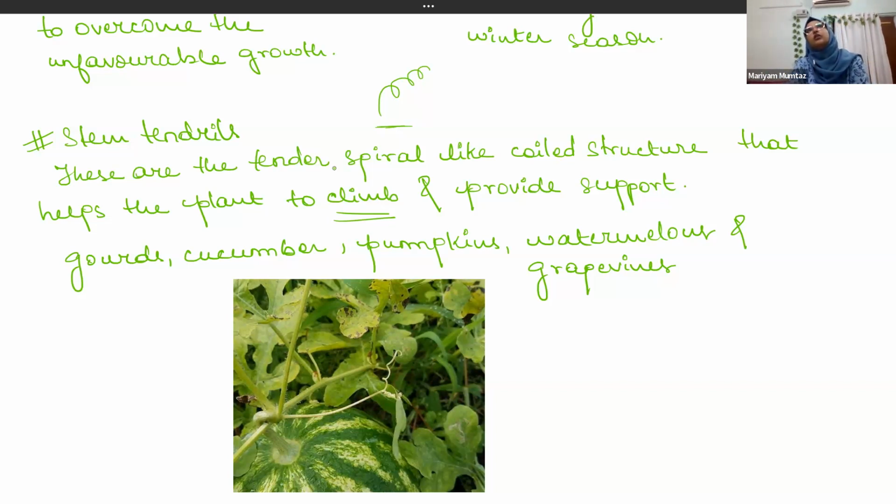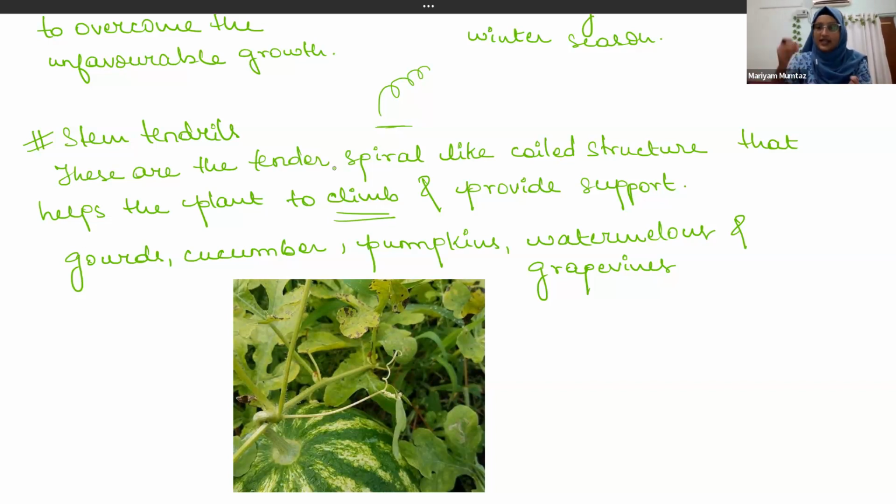Now see, all those climbers require support because their stems are not that advanced so as to keep it high up. For example, watermelon. Have you seen a watermelon? Do you like watermelon? The watermelons, have you seen that they are so huge in size? Now imagine that huge structure.